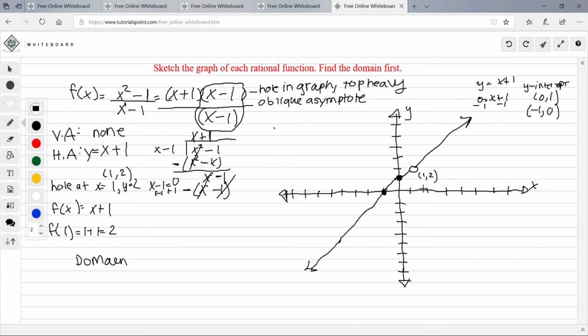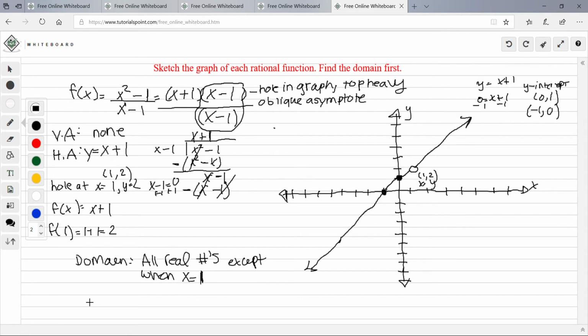Remember, this is our x value and this is our y. So the domain is all real numbers except when x equals 1, because that's our hole. It doesn't go through that point.